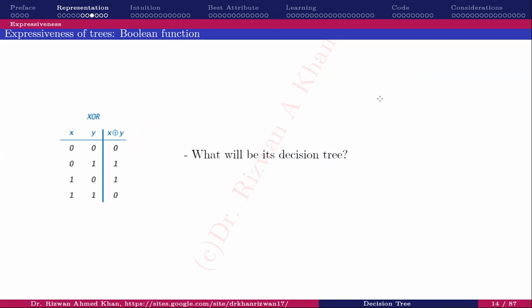Okay, again. Now I want you guys to make a decision tree for XOR, or exclusive OR. The truth table or data set is given over here, and I want you guys to just draw the decision tree of exclusive OR.